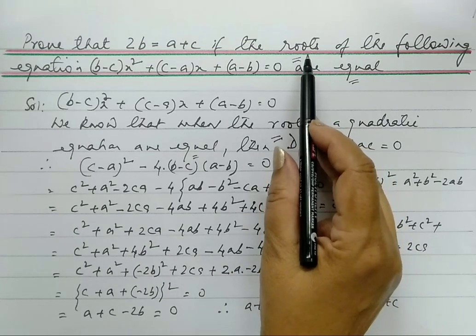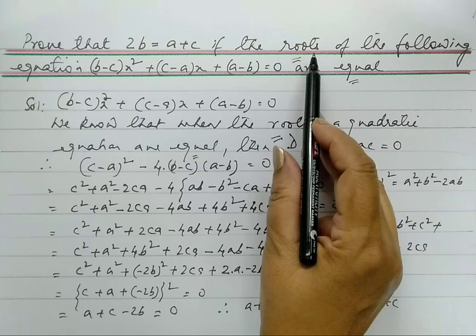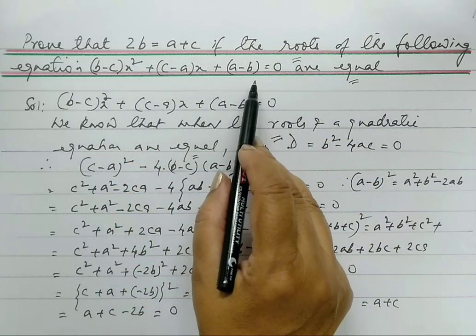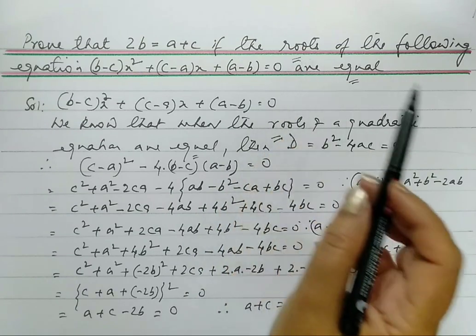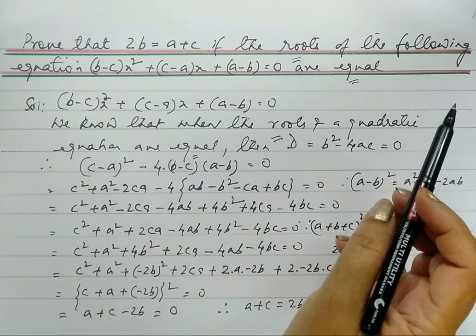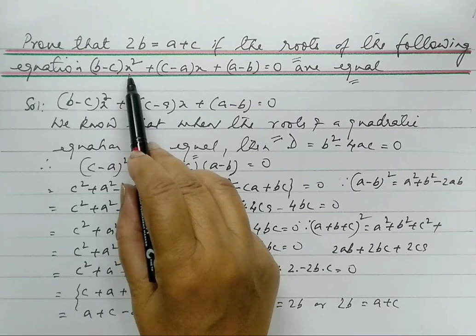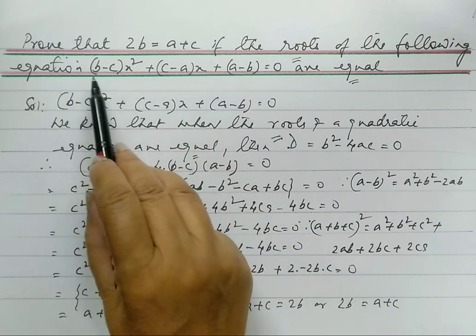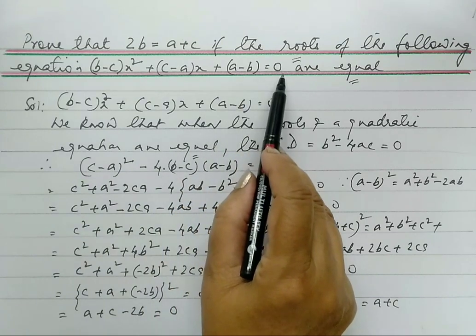When my roots, what are roots? Roots are the solutions of x. X के value. What is the value of x? To that we call roots. Am I right? What value of x would you put over here or here so that everything becomes 0?